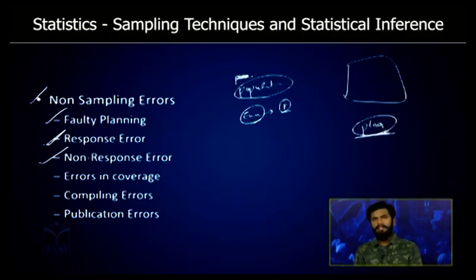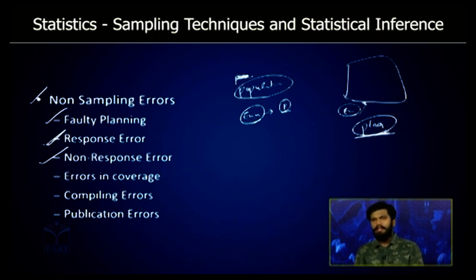Now, in the planning, we have already fixed in which geographical area we have to do the survey. When we send enumerators to the geographical location, these enumerators may not cover the whole geographical area.